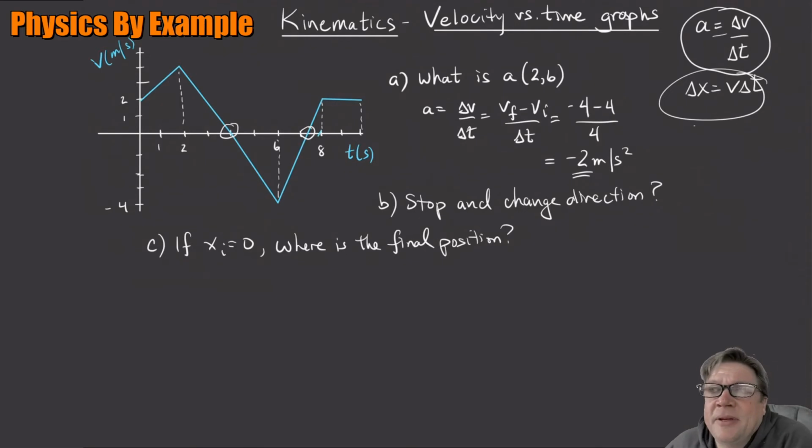In that last bit, the velocity is a constant 2 meters per second for 2 seconds. How far do you go? You go 4, which is just the area of that little square, 2 by 2.